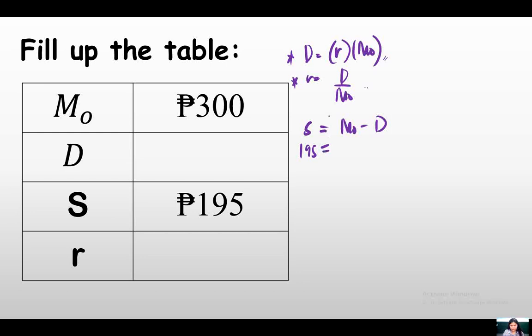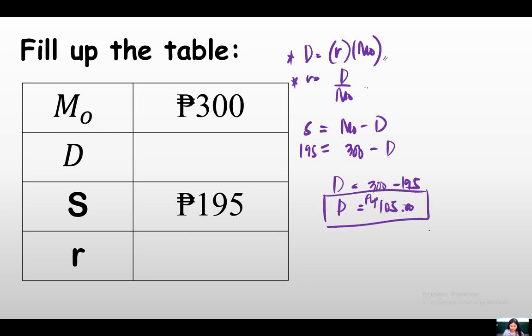So our cost price is 300 minus D. So let's find the discount. To remove the negative on the D, class, let's transpose D. So it becomes positive. 300 stays. Transpose the 195. So 300 minus 195 is 105 pesos. So this is the discount.